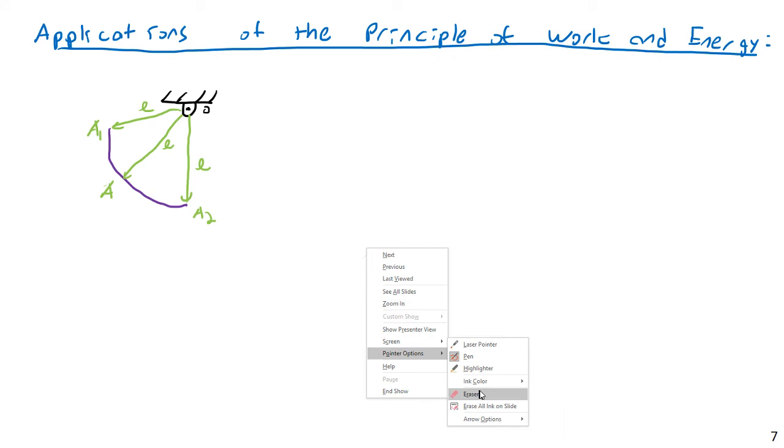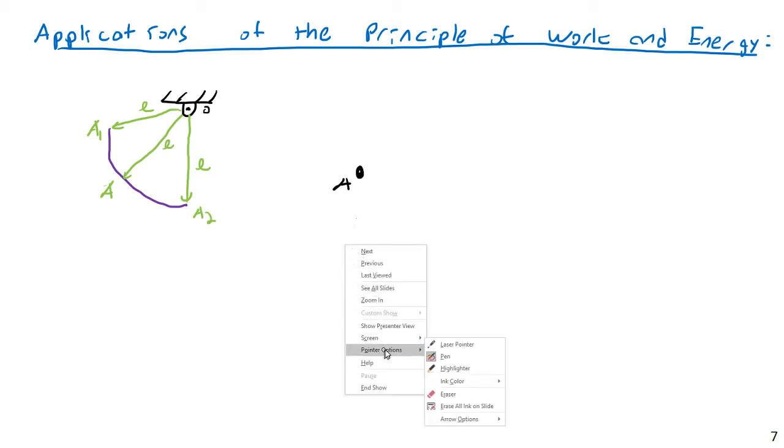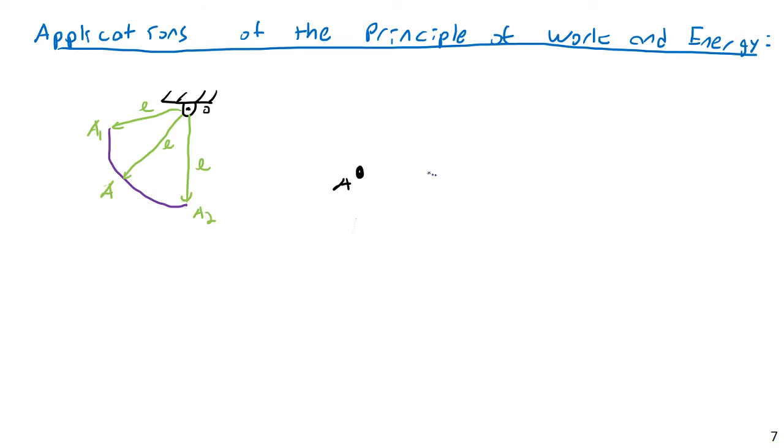Let me draw a free body diagram of this. I just have my pendulum bob at some point A. The path of the object is like so, here.